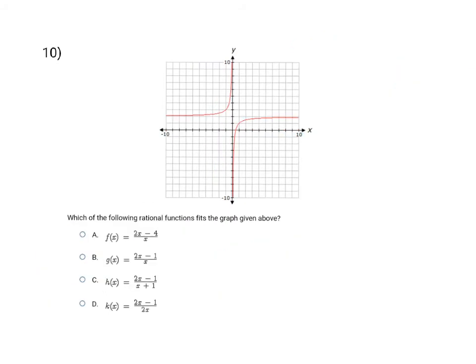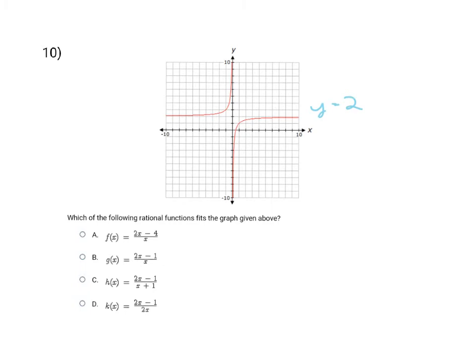Once again, I'm putting together all of my information that I know about y and x intercepts and horizontal and vertical asymptotes. So looking at here, I'm going to see there is a horizontal asymptote at y equals 2.